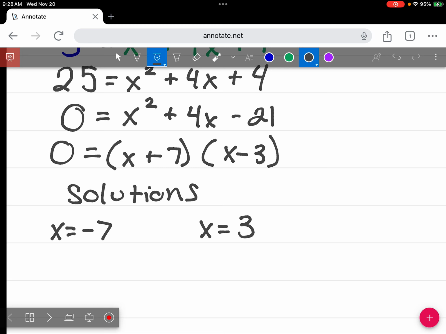Our x's are in which piece of our logarithm? Our base, our power, or our argument? They're in the argument. So we need to make sure that we do not wind up with a negative argument. Do either of those cause us to have a negative argument?